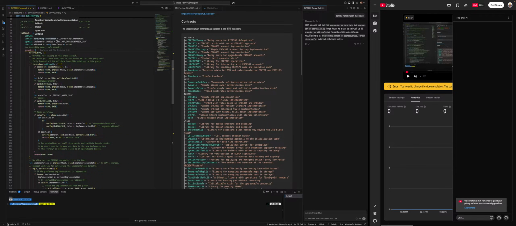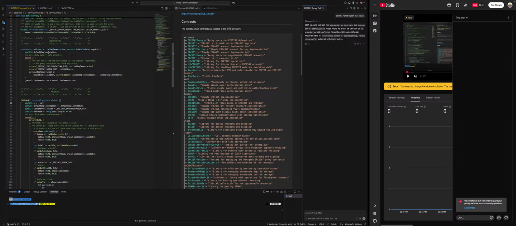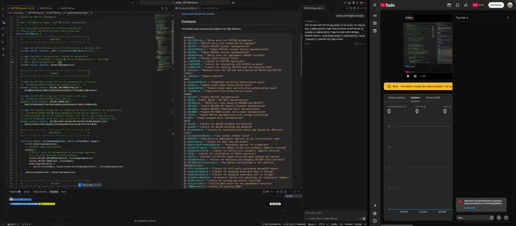So we are storing self, which is the address of the proxy itself. The address of the proxy, and then we are calling default implementation, which is the address of the implementation.